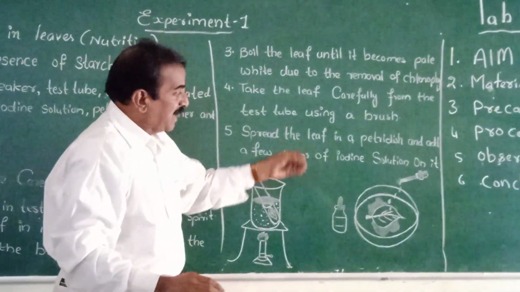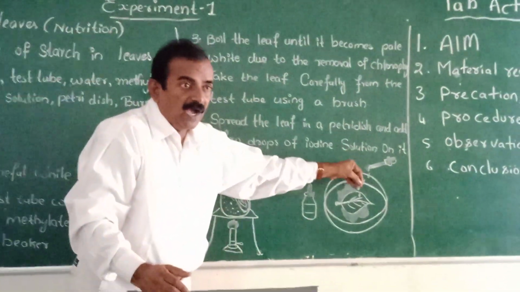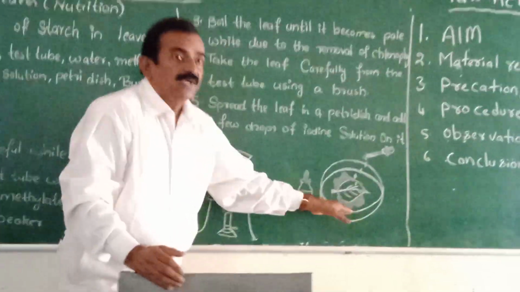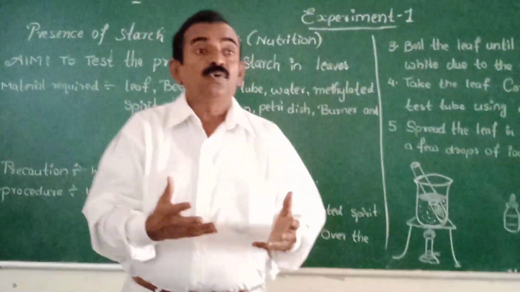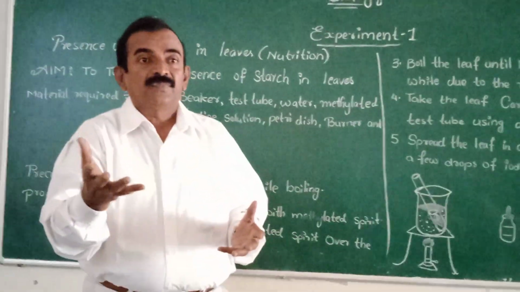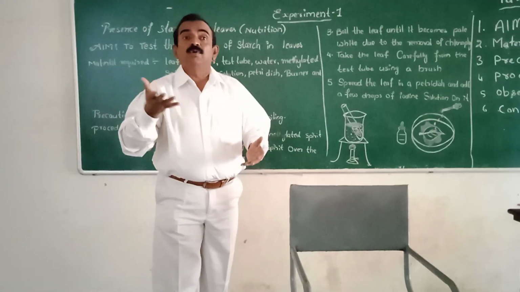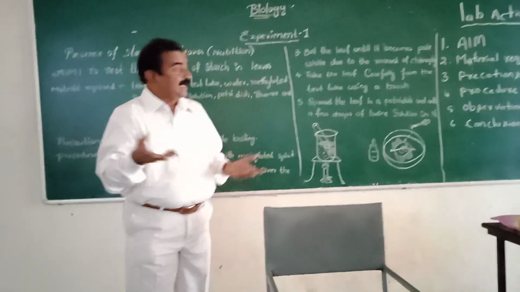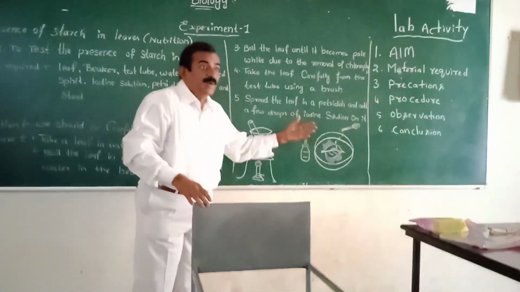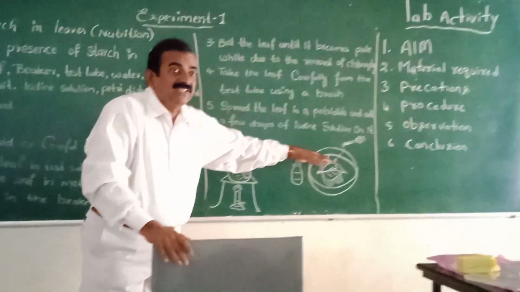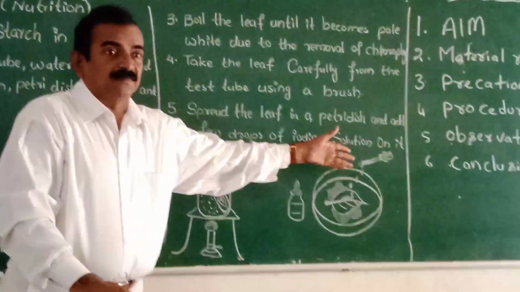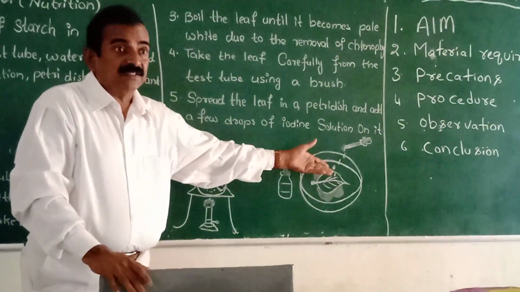And later we add 1 or 2 drops of iodine on the leaf. Here the pale leaf turns blue black. If it turns blue black, that tells us the leaf has starch.